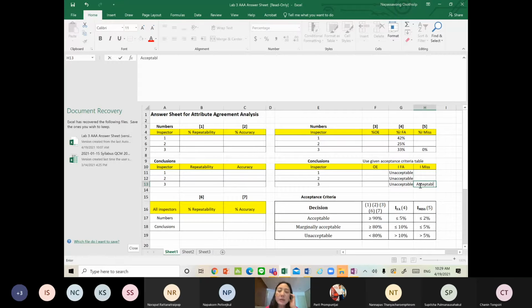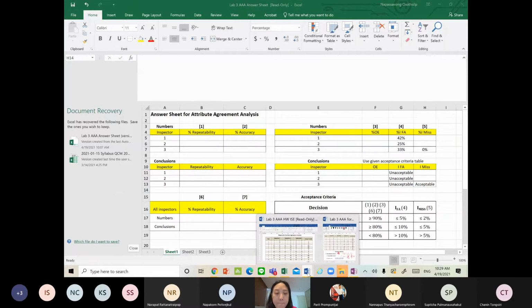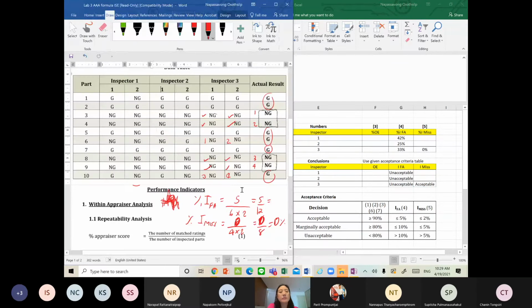Now let's do that by yourself for operator 1. Take 1 minute to do that for operator 1 and 2. A trick: you can write down the area that you will consider. That is the parts that are NG, which are these 4 parts.